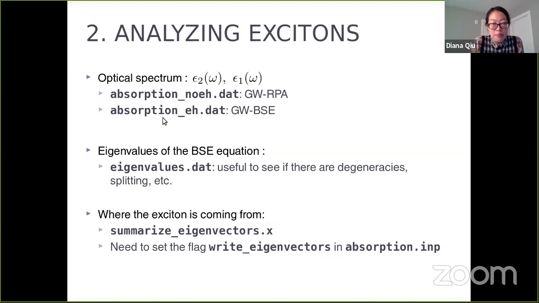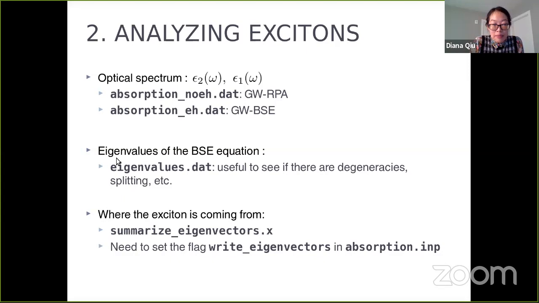And then the second output file, absorption_eh.dat, gives you the optical spectrum including the electron-hole interactions at the GW-BSE level. Another useful output file to look at is eigenvalues.dat. This reports the eigenvalues of the BSE matrix, which correspond to the excitation energies of all of your excitons.